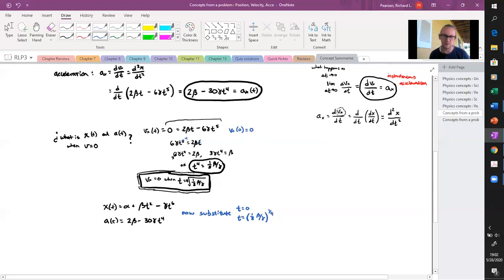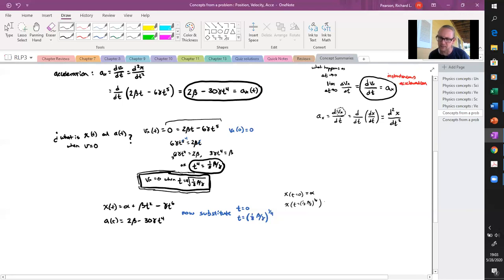Okay, so now we're going to substitute these in. So now we're going to have something that looks like, at x, when t is equal to 0, we've already established this, which is alpha, but we also have x when t is equal to the fourth root of 1/3 beta over gamma.